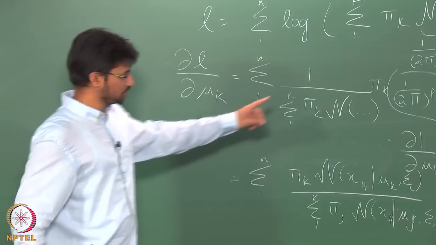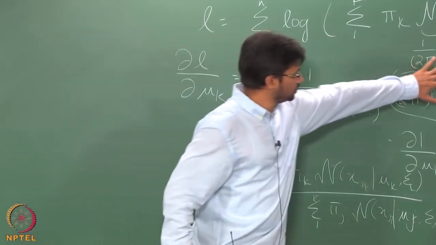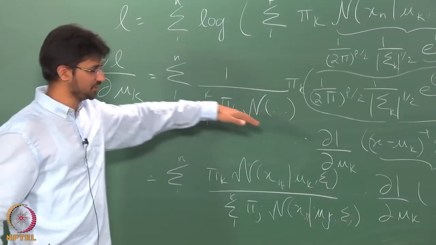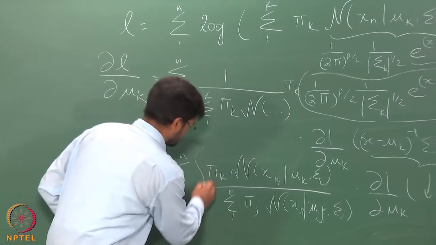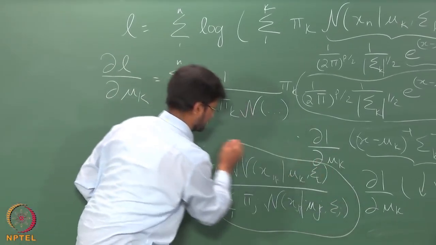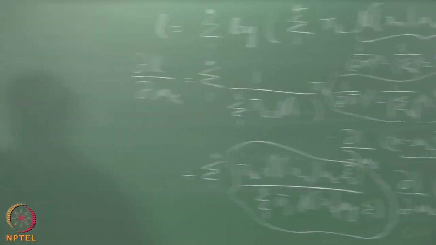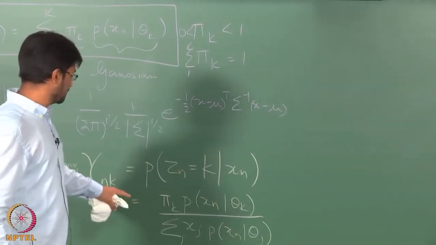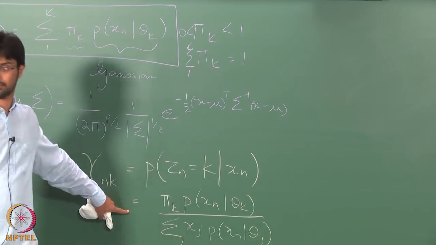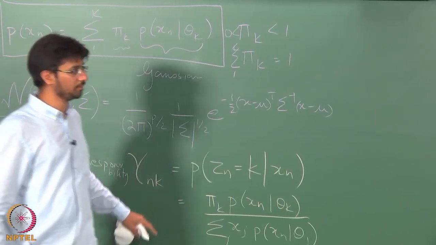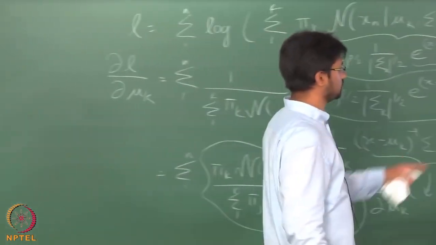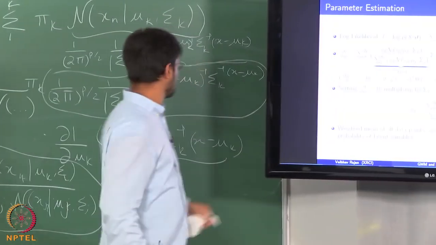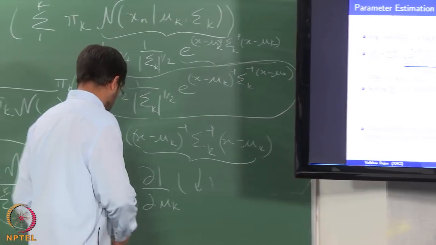What I really want to say here is, when you do this derivation, you will find that this term comes up, and this is the same as the responsibility term, which is what I have written here. The rest of it is just algebra.